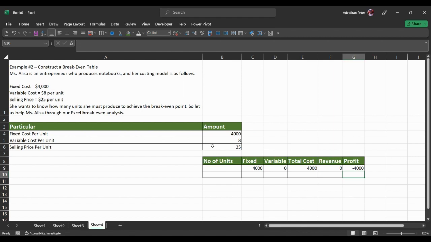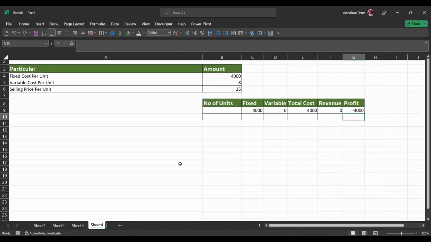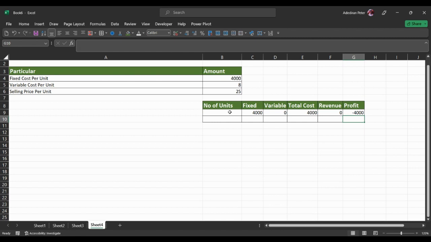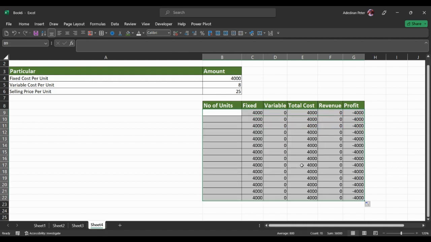So we need to drag the formula down, all the way down.